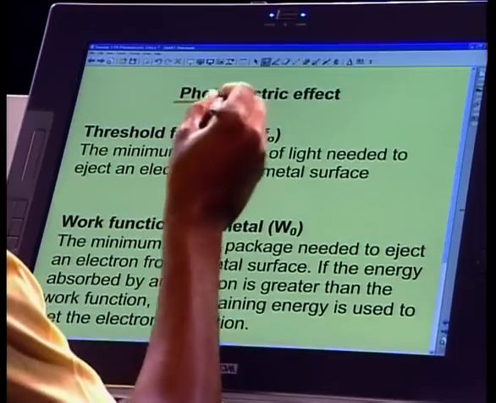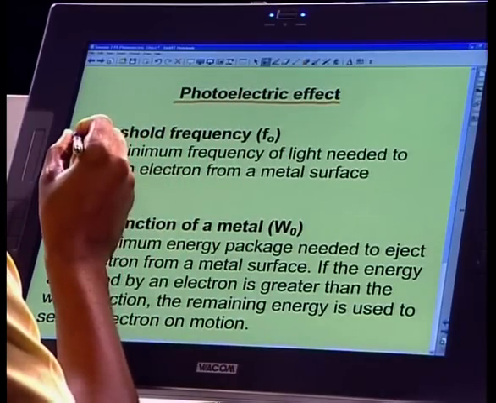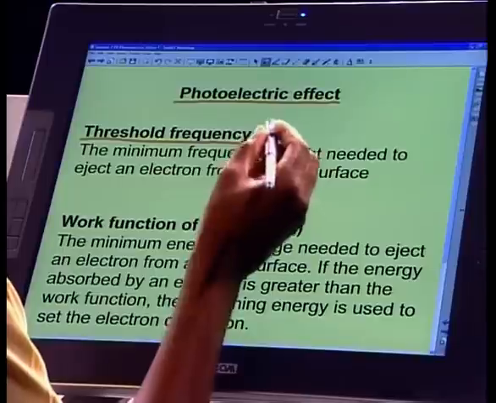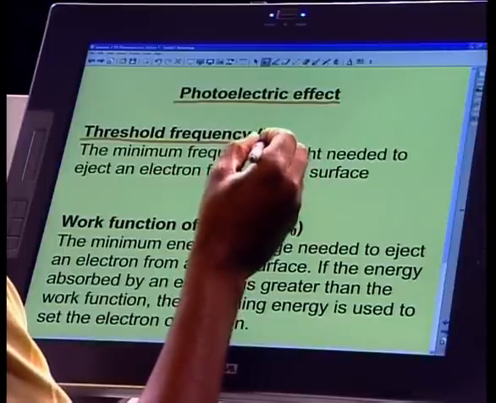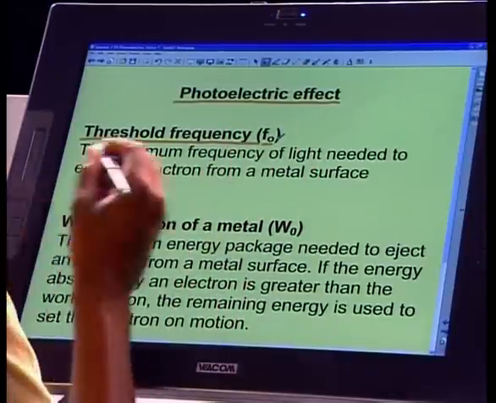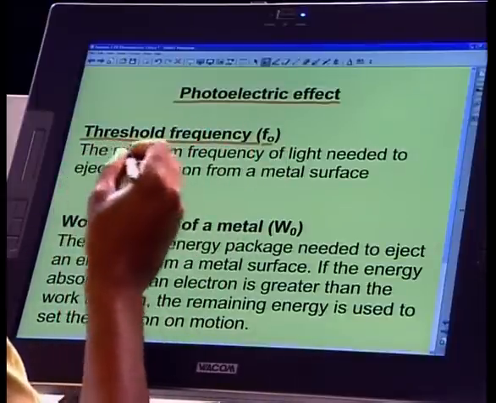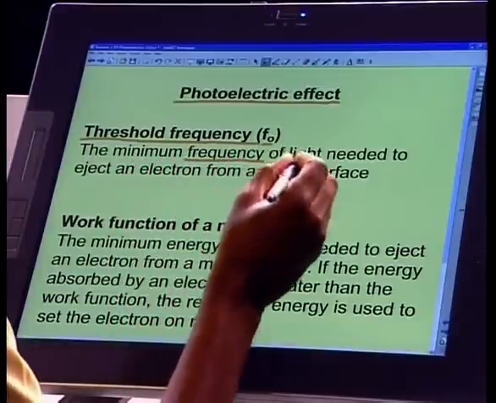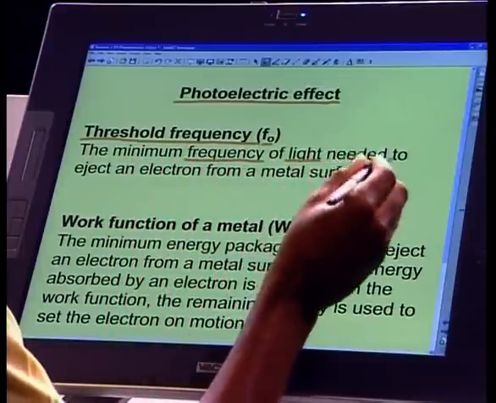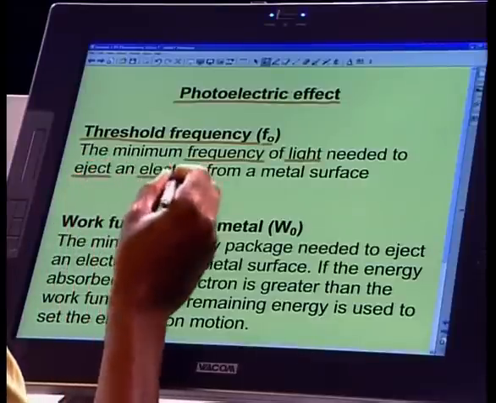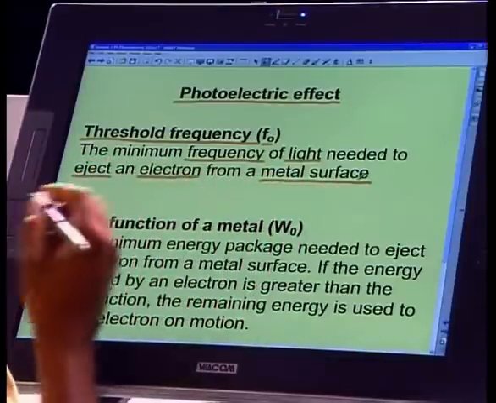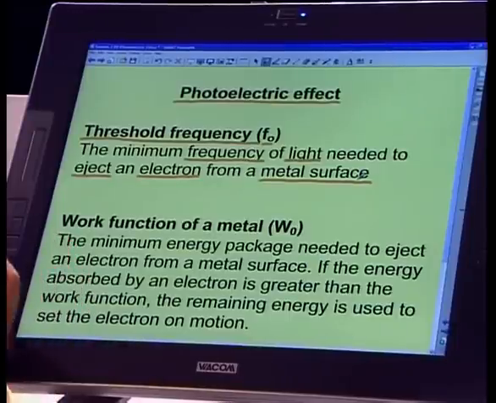Okay, firstly, let's look at something called threshold frequency, and we call it f0. What is threshold frequency? Threshold frequency is the minimum frequency of light needed to eject an electron from a metal surface. Remember that the energy carried by a photon depends on the frequency.